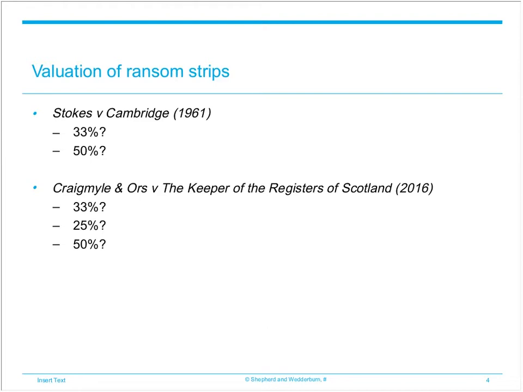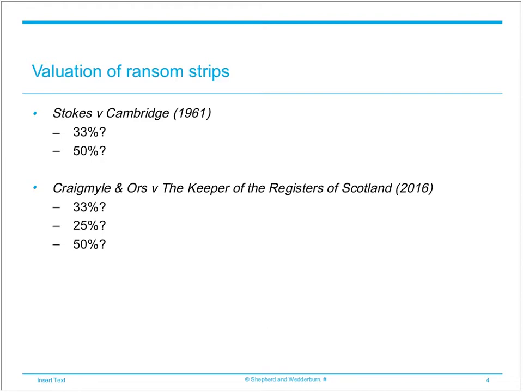When it came to valuation, the parties were agreed on the approach that should be taken, and that was the method adopted in Stokes. The Craigmiles' expert argued for 33% of the development gain, their counsel inviting the tribunal to adopt the conventional 1/3. And the keeper's expert argued for 25%, with her counsel submitting that it should be 1/4 on the basis that where there are 2 alternative options for access, the tribunal should award 25%, but if the tribunal held only one alternative, then the counsel for the keeper would agree with 33%.